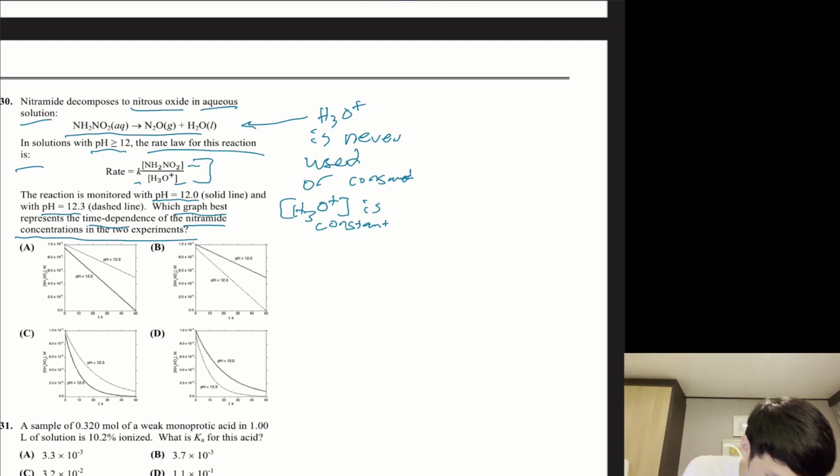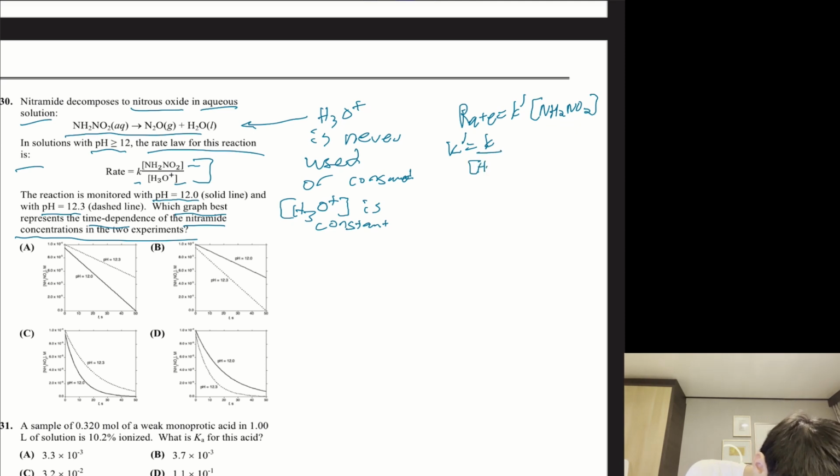And what we can rewrite that as is rate equals K prime times NH2NO2, where K prime equals the original rate constant K divided by the concentration of H3O plus. In essence, I just factored out this term and turned it into K prime. And we know H3O plus is constant, and so this must be a constant.